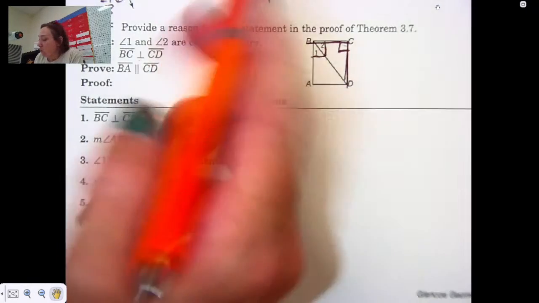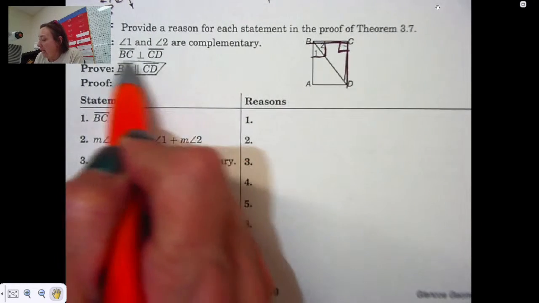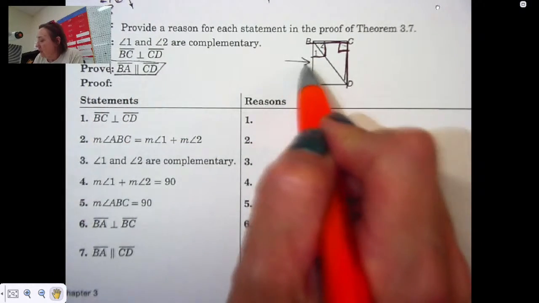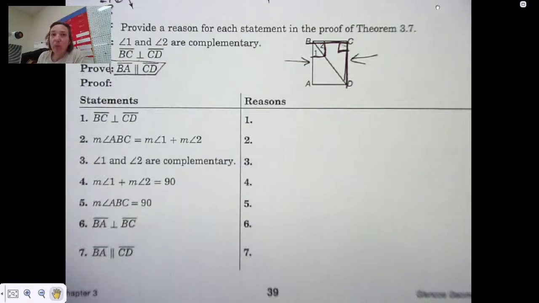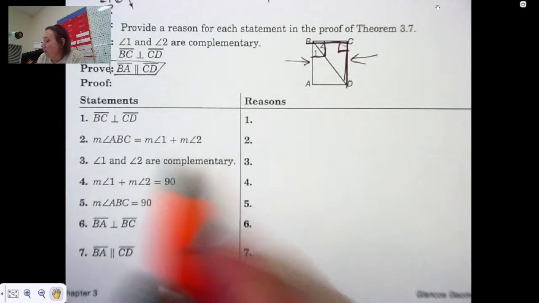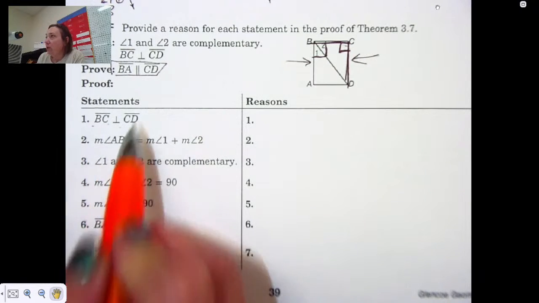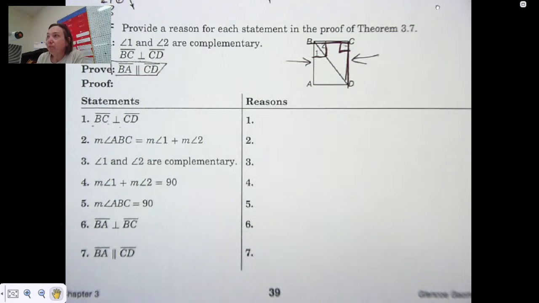Then they want us to prove that BA is parallel to this. They actually proved it. We just have to give the reasons behind each statement. So the first statement, BC is perpendicular to CD. What's our reason there? How do we know that?